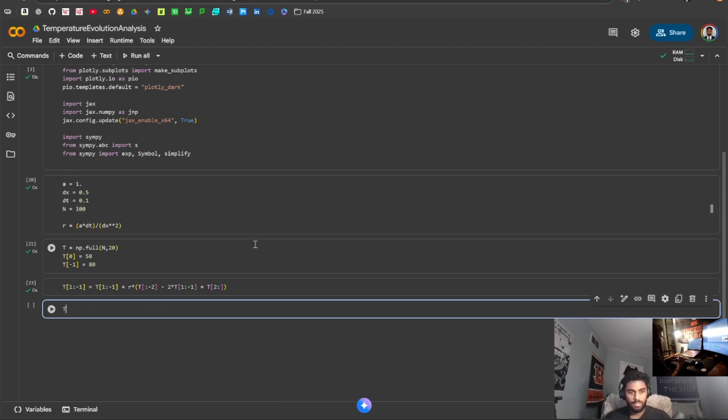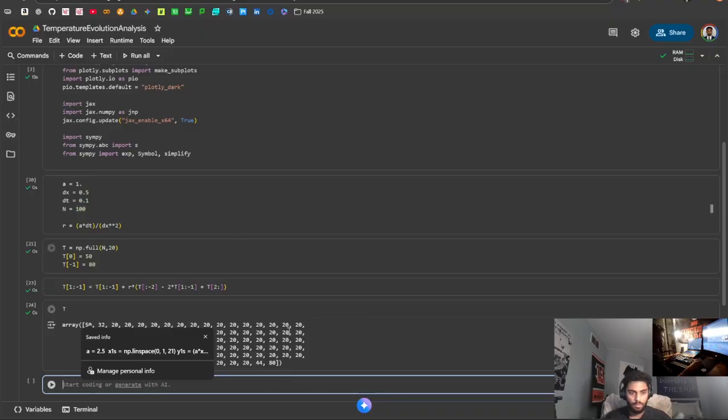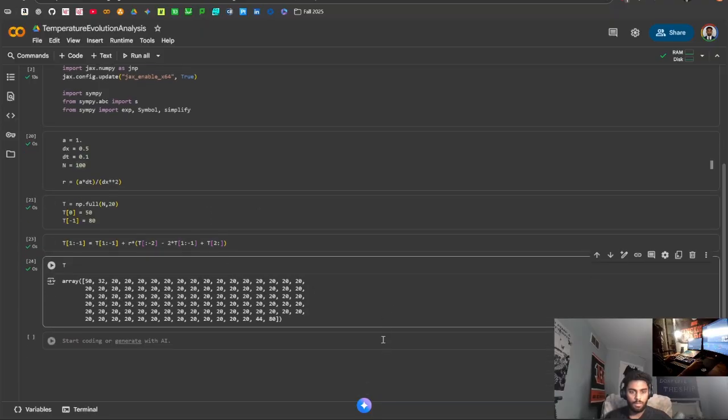So let's see what that looks like now. So now we see that these end temperatures are slightly raised compared to all these values in the middle. So that temperature difference is now starting to show, it's starting to evolve through our bar, and that's the representation that we have here.